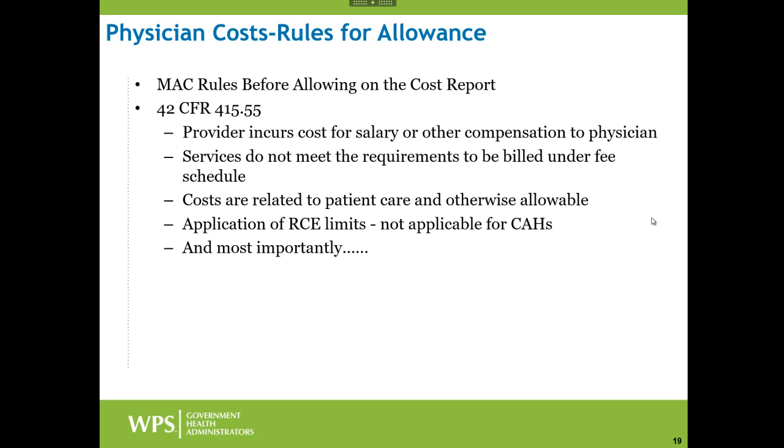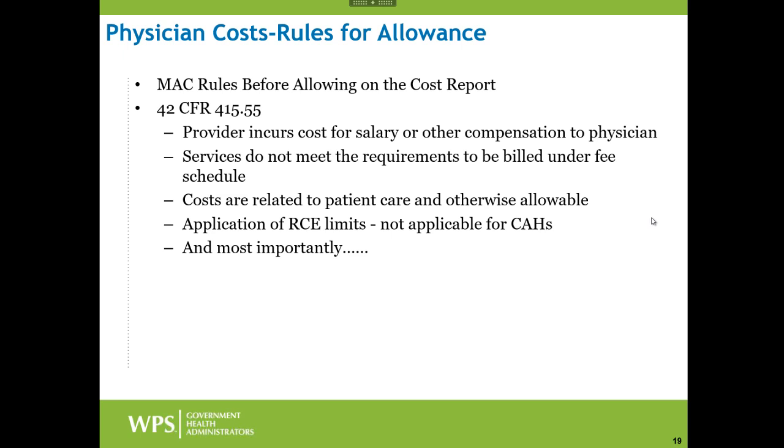The service cannot meet the requirements to be billed under fee schedule, because if it is something related to fee schedule, we're going to carve it out. So yes, it'll be reported on Worksheet A initially, but we're going to adjust it out through Worksheet A8 too. And we'll talk about that later on.